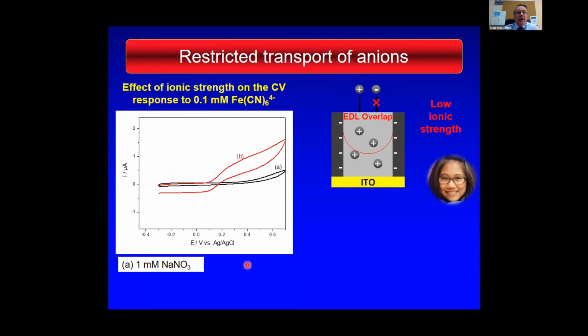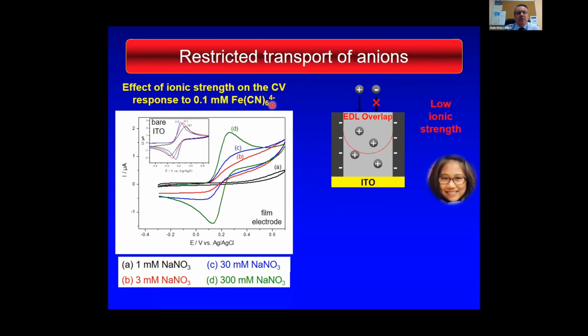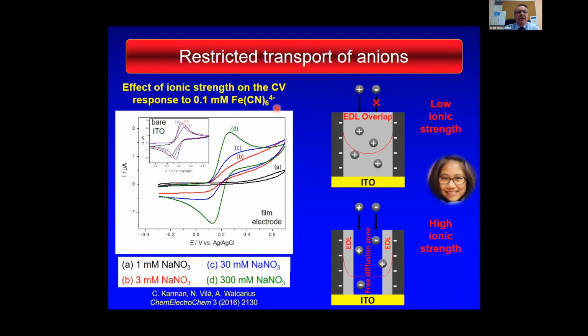One needs to increase the concentration of the supporting electrolyte to start to see the response of the probe ferricyanide. Because in very high concentration of electrolyte, the electrochemical double layer becomes much smaller than the pore diameters, and now the anions are likely to cross. So we can play with the ionic strength to modulate the rate of transport of the anions through this film.